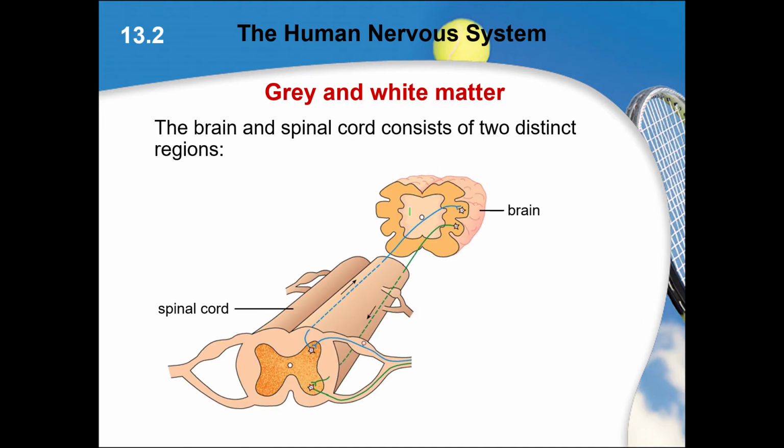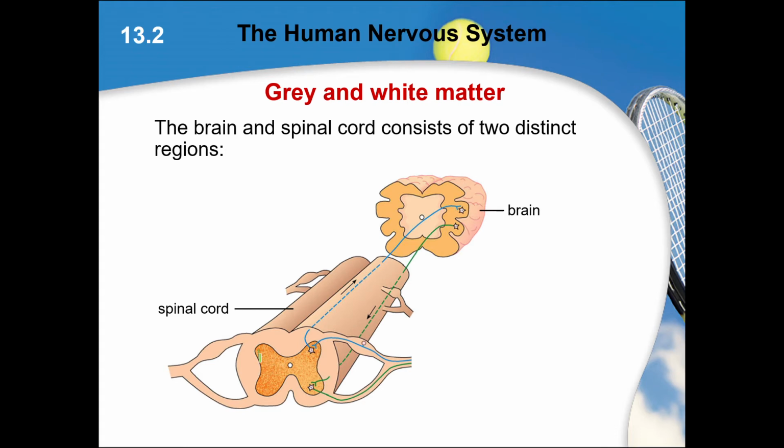What you are seeing here is the long section of the central nervous system. Imagine you are looking upwards from the bottom of your body towards the brain. The cross section of the spinal cord looks like that. They have two different colors.